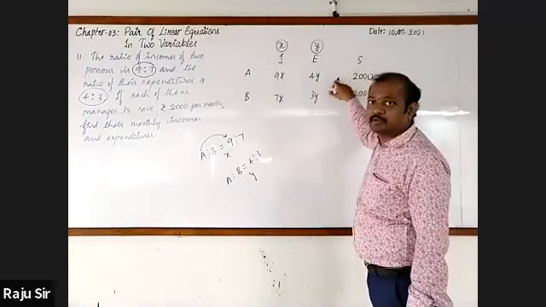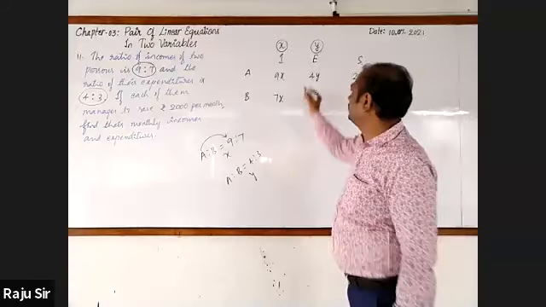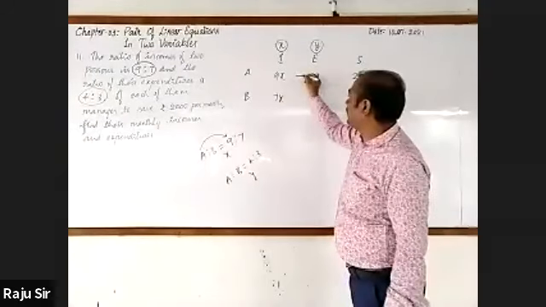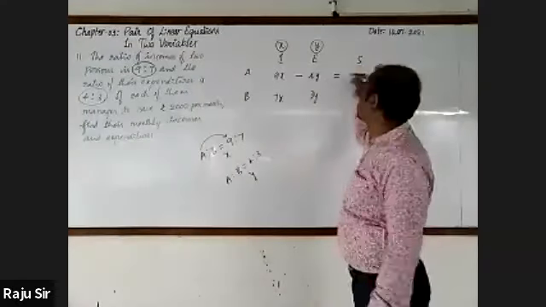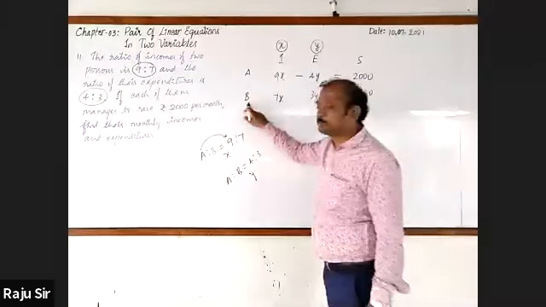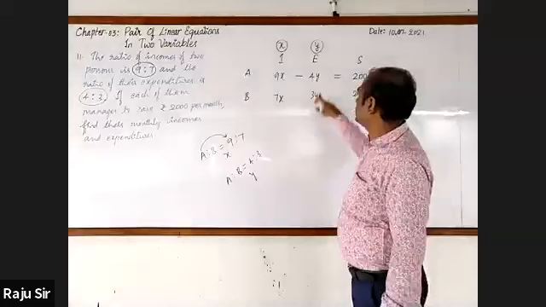And we all know the relationship among income, expenditure, and savings. Savings is income minus expenditure. With respect to person A, income is 9x minus expenditure 4y, that is equal to 2,000. Next, with respect to person B, income is 7x and his expenditure is 3y.